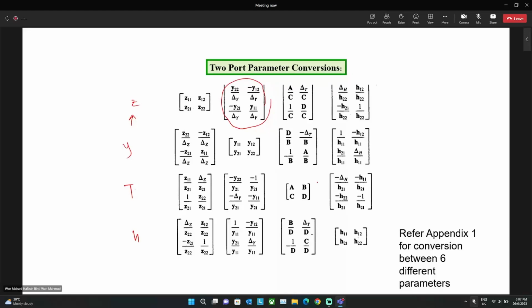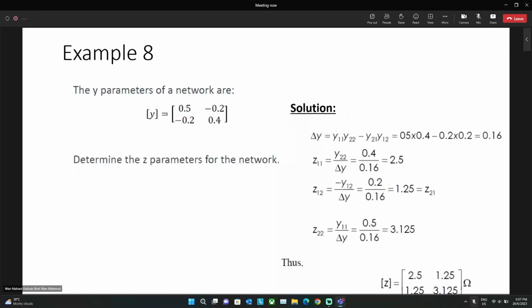Kalau you tengok dia punya equations, Y22 over delta, ada delta Y. What does it mean by delta Y? Itu delta yang kita cari biasa tu lah. Contoh kat sini delta Y adalah 0.5, negatif 0.2, negatif 0.2, 0.4. So dia adalah 0.5 darab dengan 0.4 tolak dengan negatif 0.2 darab dengan negatif 0.2.